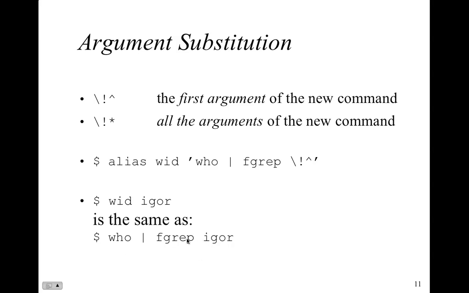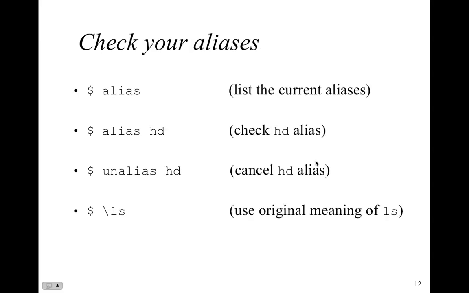So you can create this elaborate kind of, this isn't really that elaborate, but you can create a more elaborate command and use substitution, so that when you run the command, it substitutes in values for things that are in the script. I don't want to call it a script, but it's really a command that you're running. So it allows you to sort of create automated scripted commands. On the command line, when you type in the command, the Igor is substituted in for this information here, which is one word. It's just the first argument. You could take all arguments and substitute them in as well. So another way of automating it.